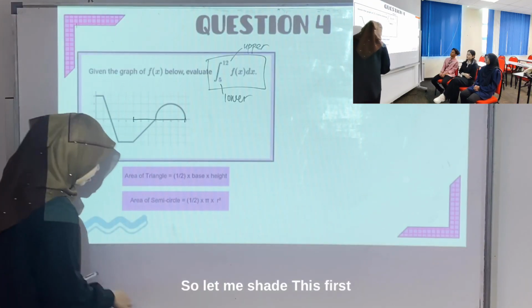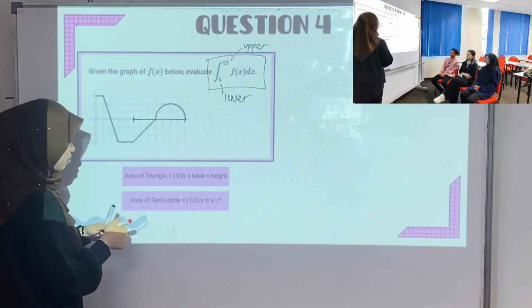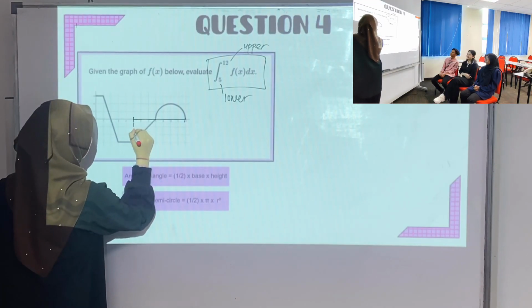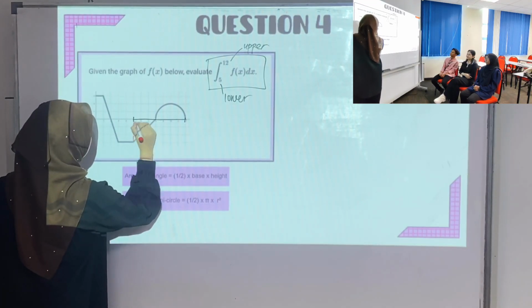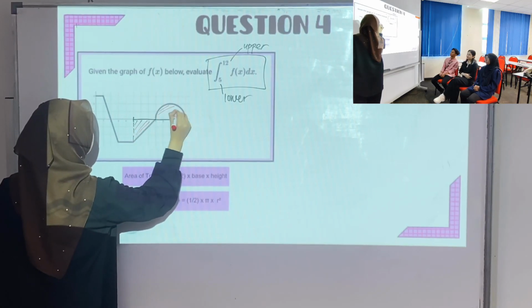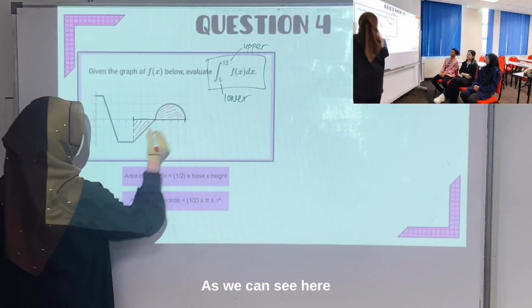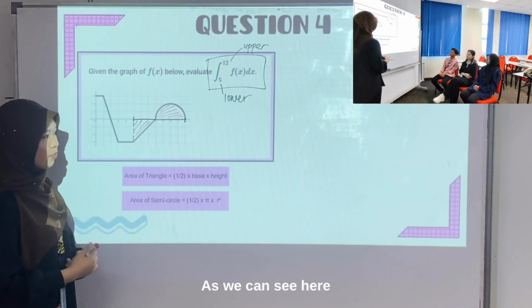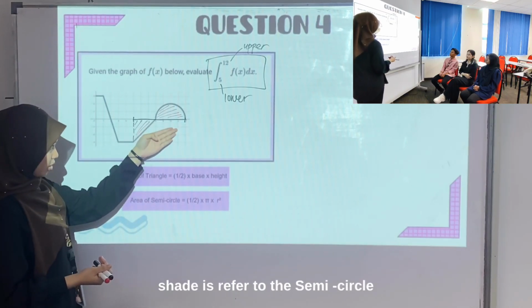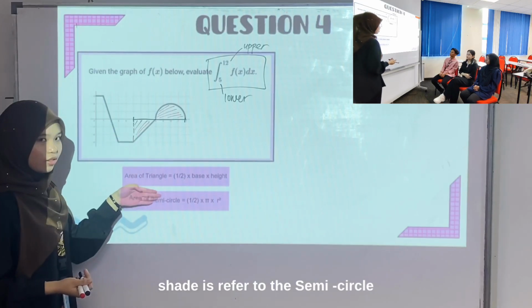So let me shade this first. As we can see here, this shade is referred to the triangle and this shade is referred to the semicircle.